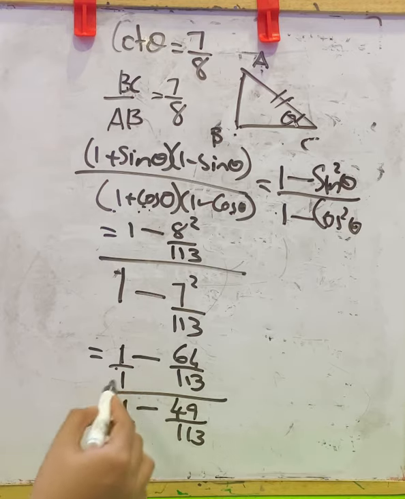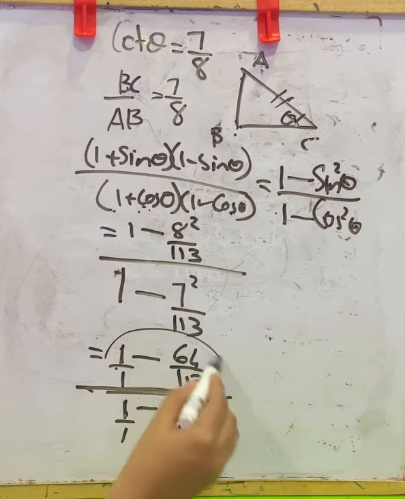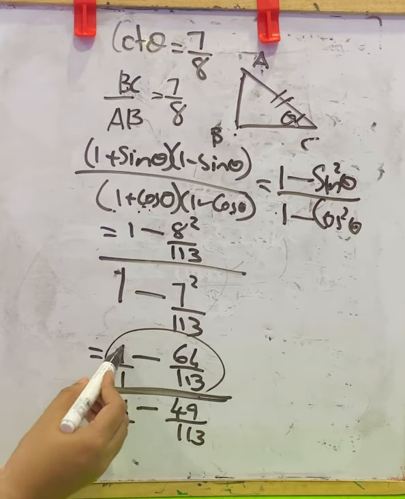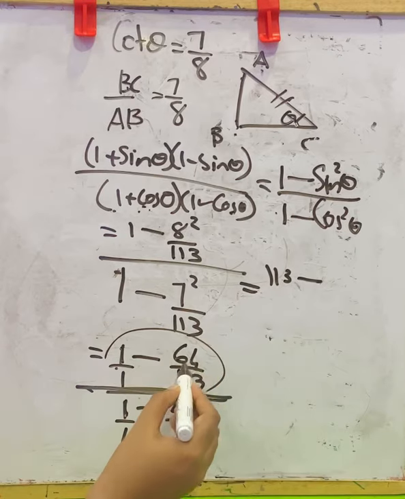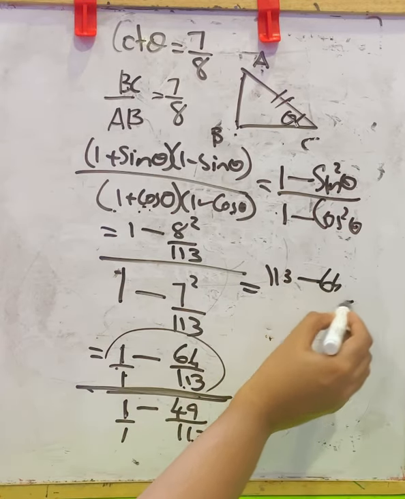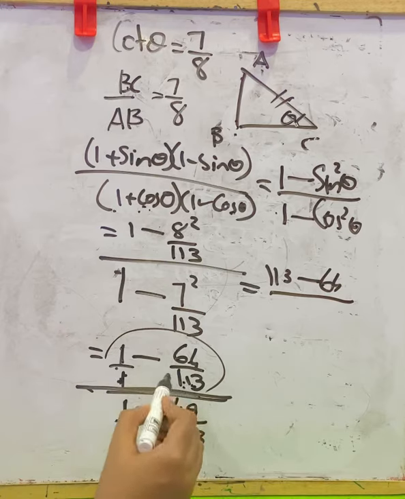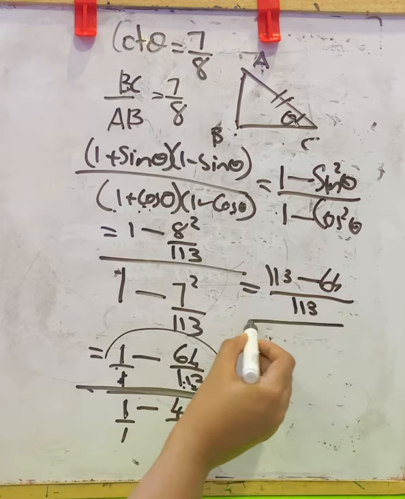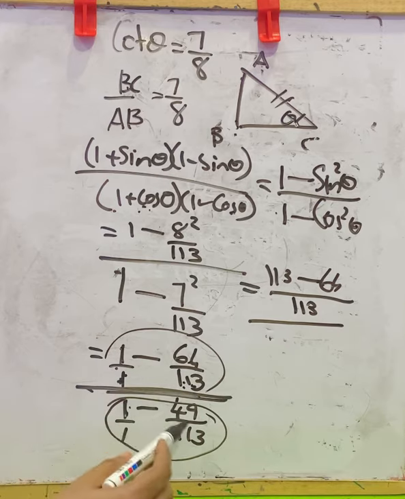So here we will do the cross multiplication in the numerator part. This is the numerator part. So here 1 into 113 is 113, minus 64 into 1 is 64, by 1 into 113, that is product of two denominators, 113. Now the denominator part. Again there is a fraction here.